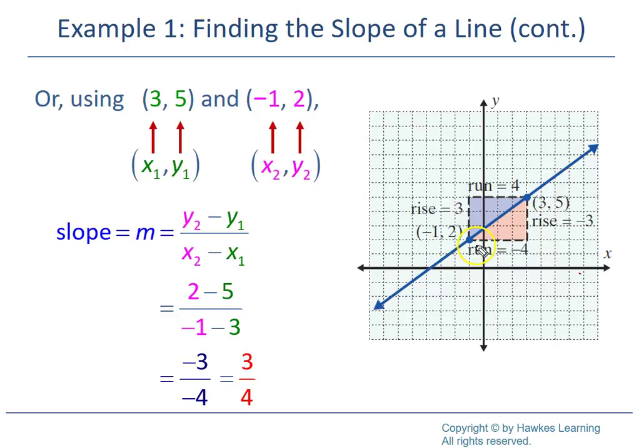Notice that we can actually, in a sense, let me draw this for you. This would be the run 1, 2, 3, 4, and then we go up 1, 2, 3. We can figure the slope just by using the grid marks and making a little right triangle.